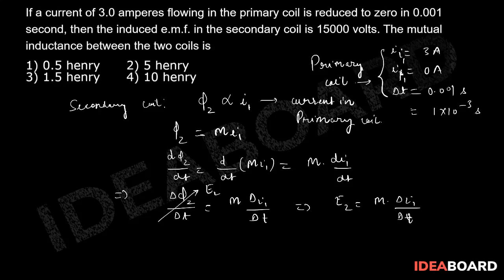So for secondary coil E2, EMF is 15,000 volts, right? That means I can write 1.5 into 10 to the power 4 volts.